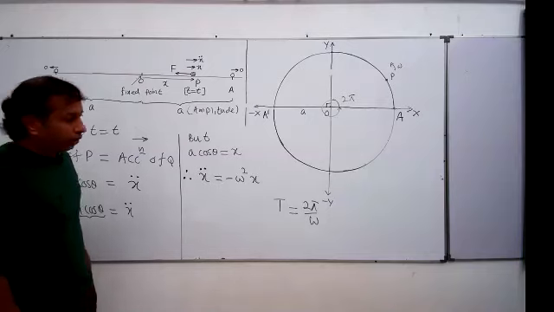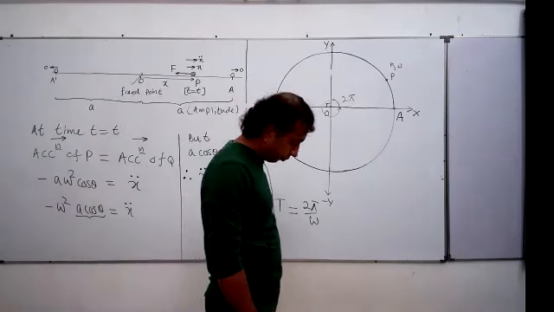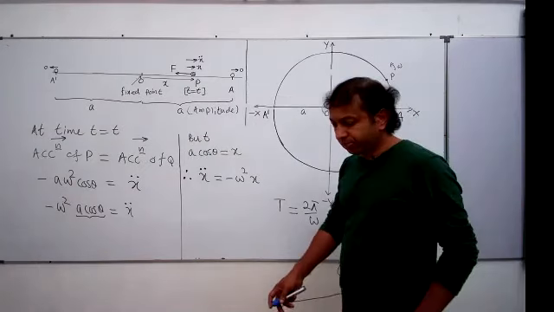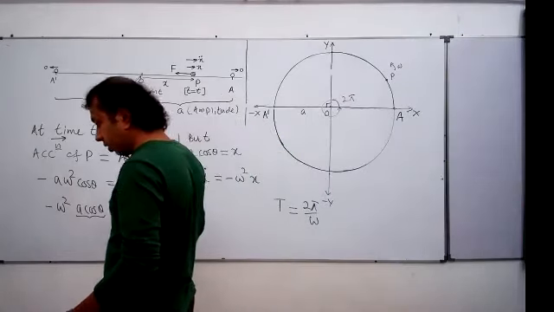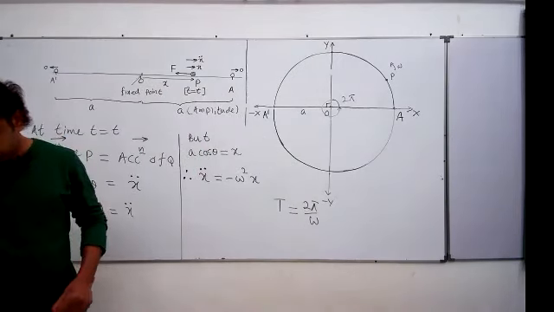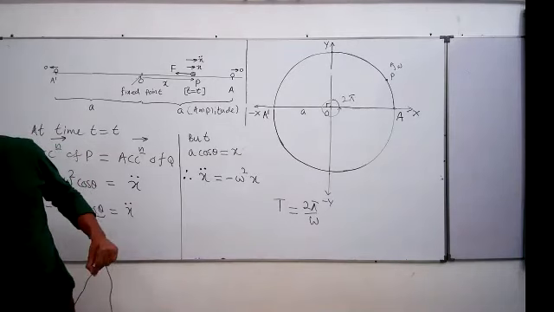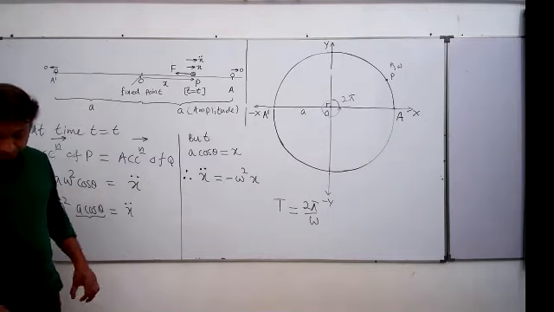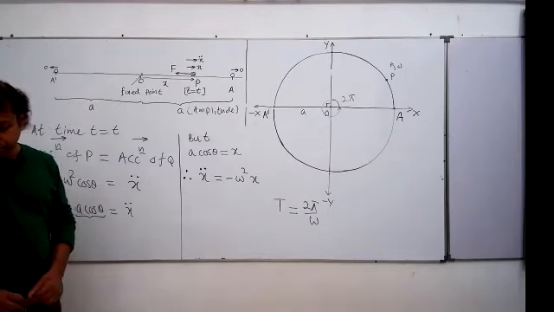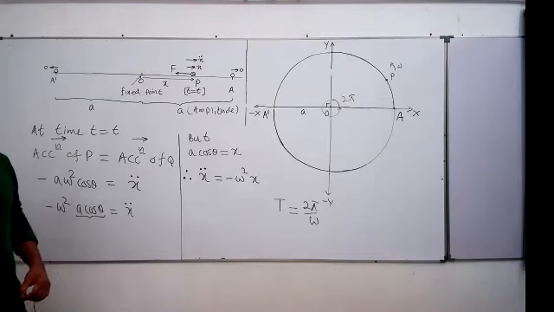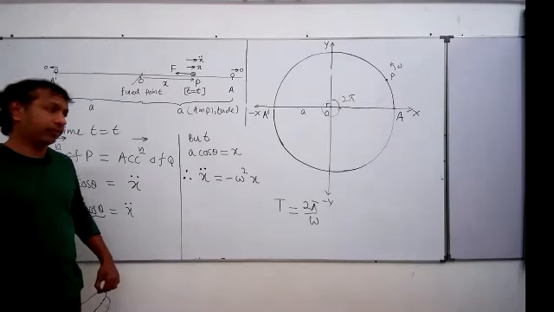Write down: during the time point Q completes an oscillation, the point P completes one circle, or one revolution.